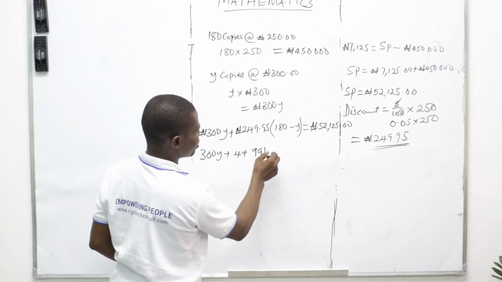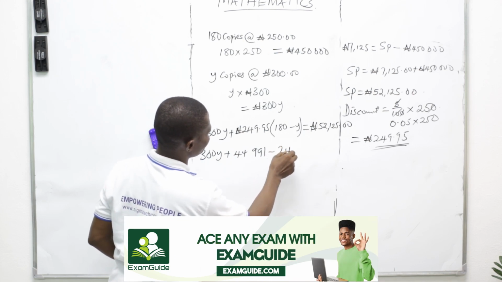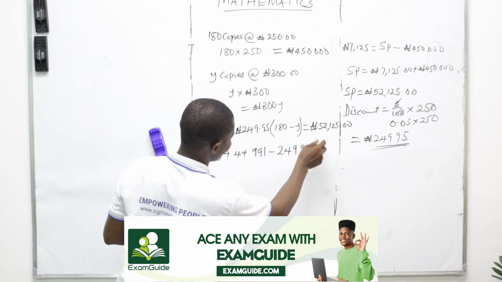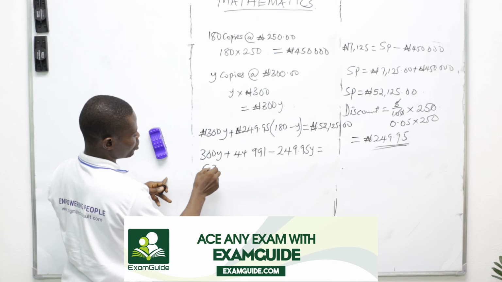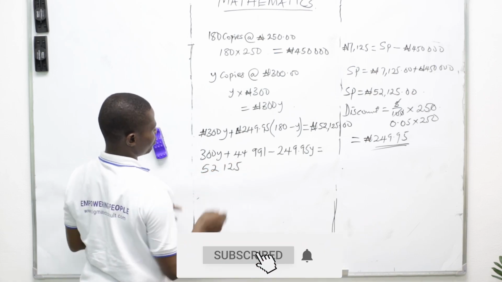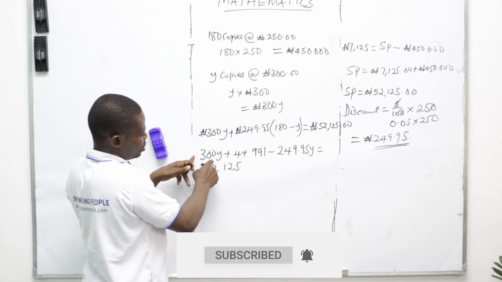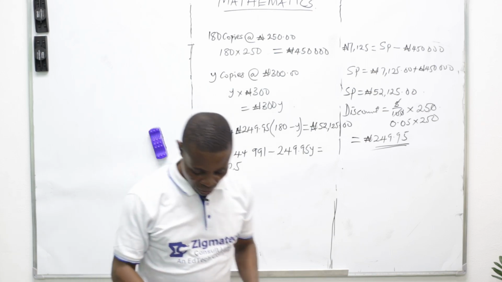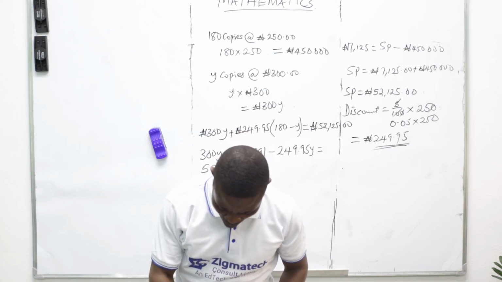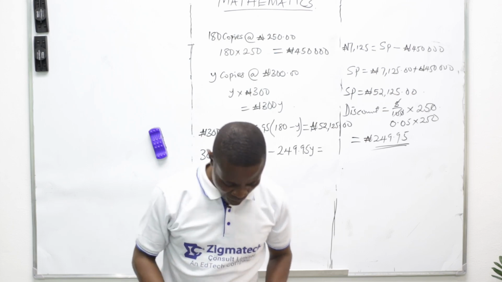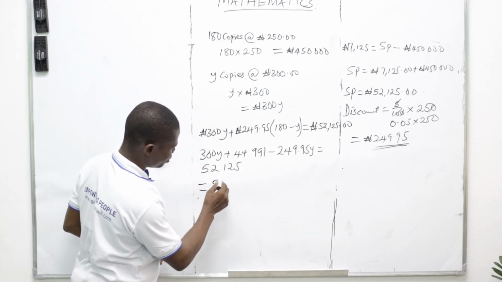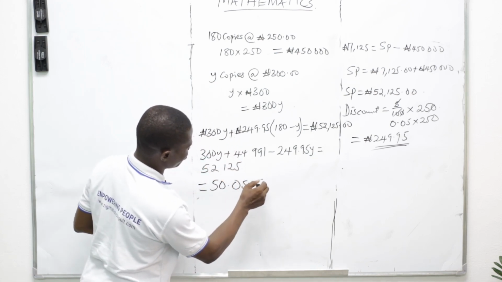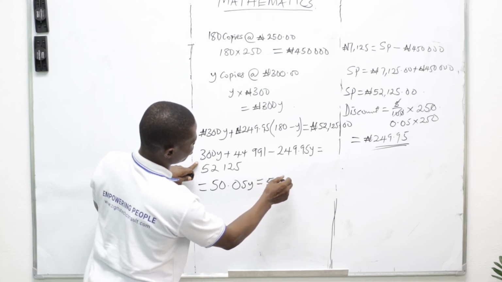Okay, when we multiply by this, minus this, 249 naira 95 kobo y equals this, that is 457,125. Now 300y minus this will give us 50.05y equals 457,125.